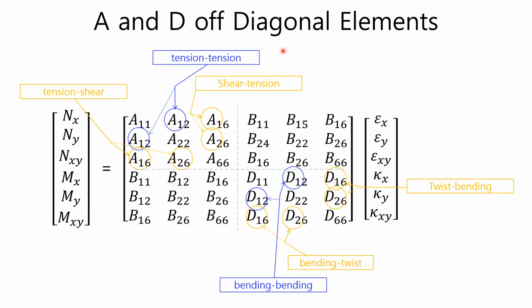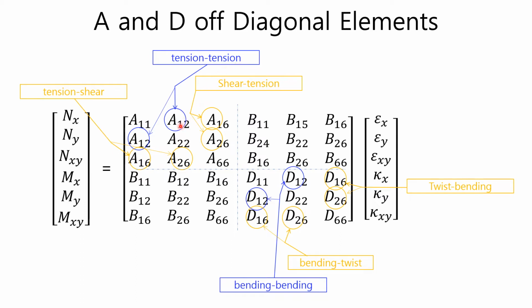Now, let's look into the off-diagonal of A and D matrices. In this expression, the first word denotes strain or curvature, and the second word does force or moment.